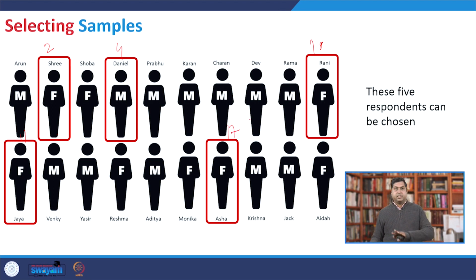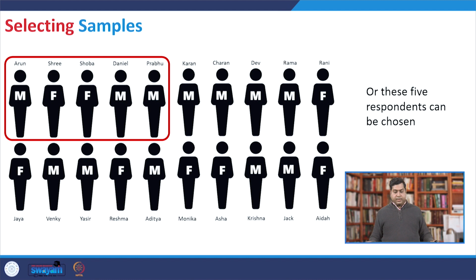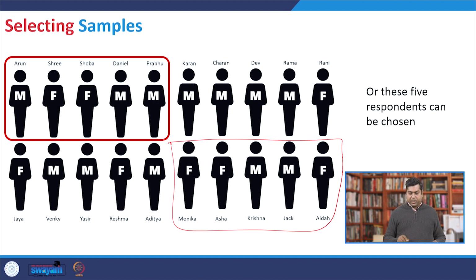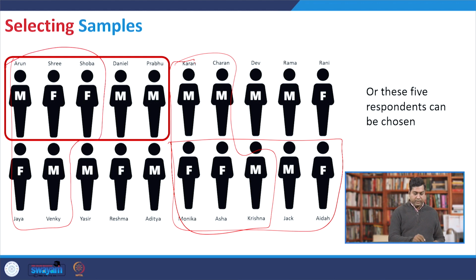So there is no such pattern, and I can just select like this. This also satisfies that I have to select 5. Or else I can select the first 5, or the last 5, or I can select in a different way, like this.